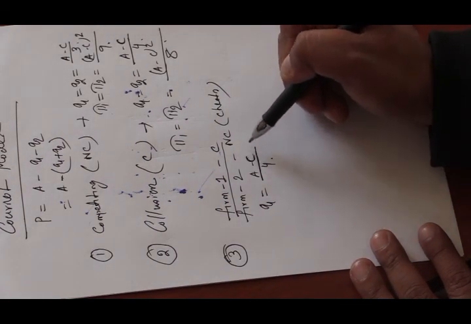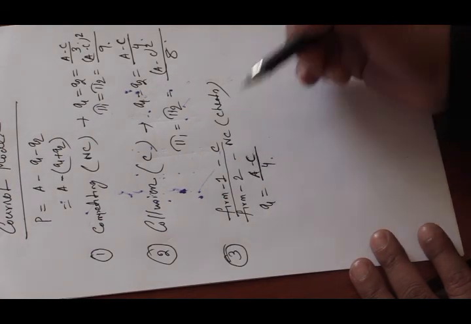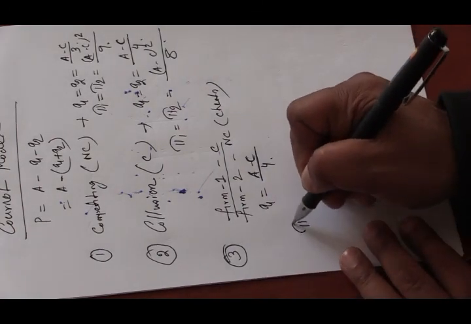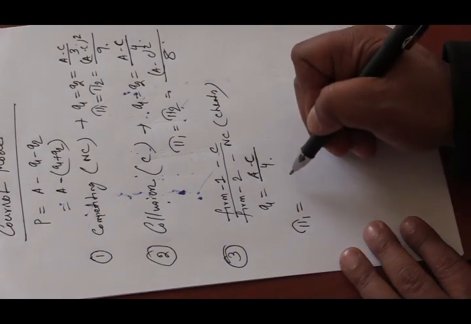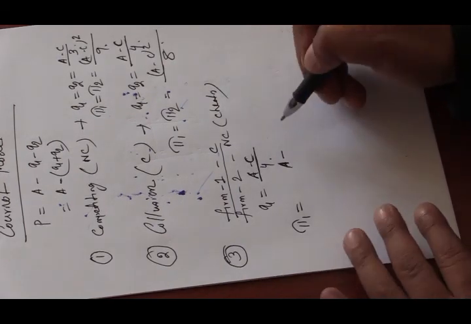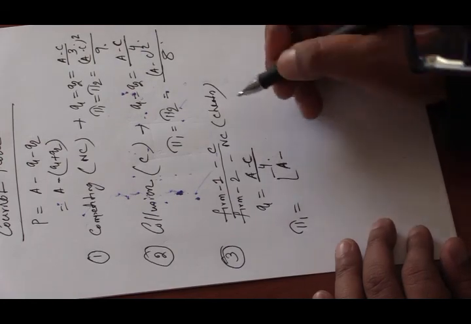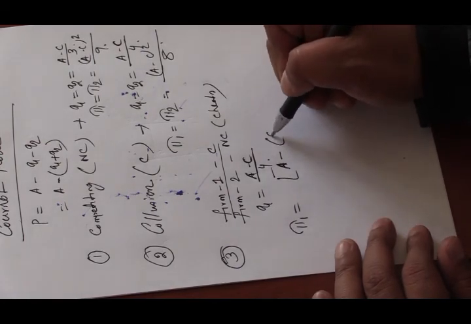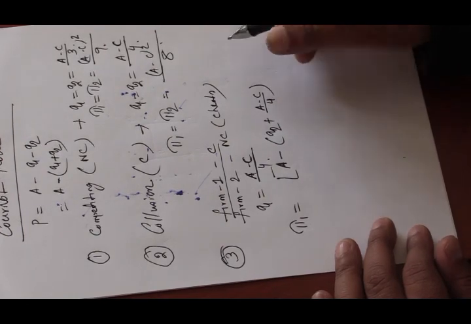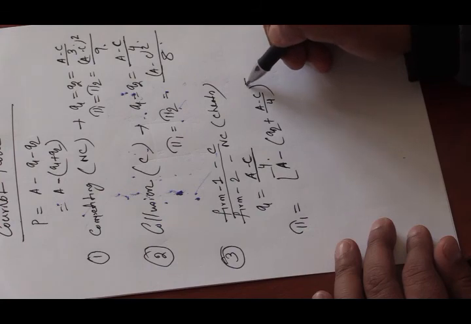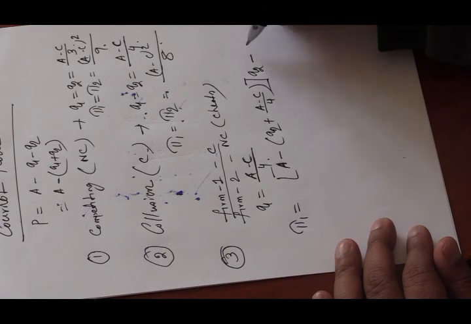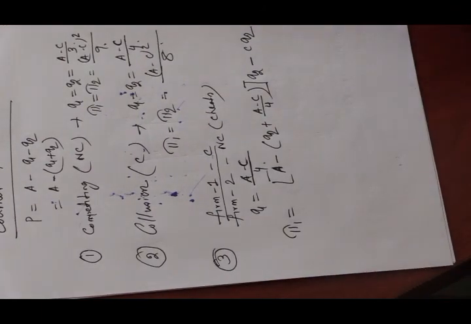Given this output level of firm 1, firm 2 will try to maximize its profit, and hence its profit function will be π2 = (A − Q2 − (A − C)/4) Q2 − CQ2.